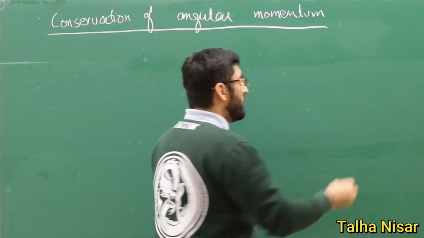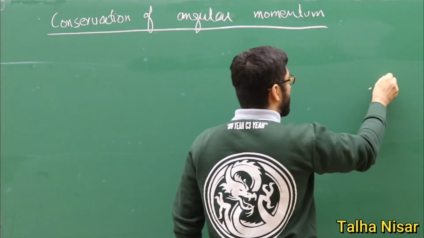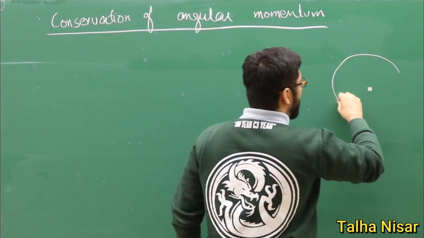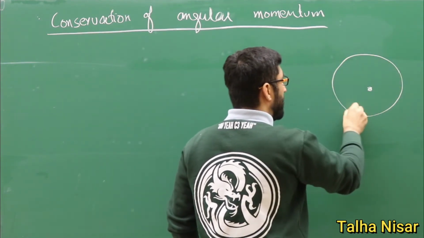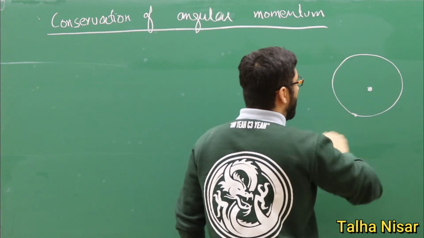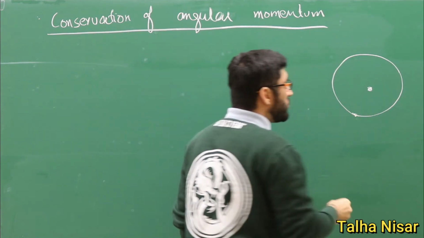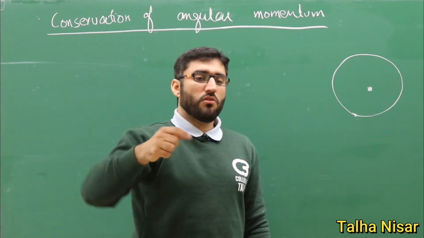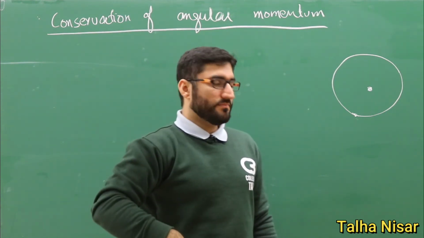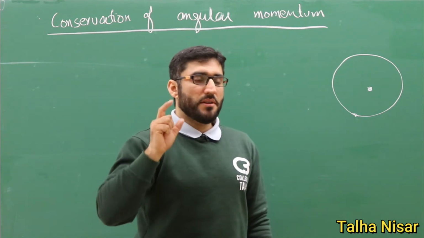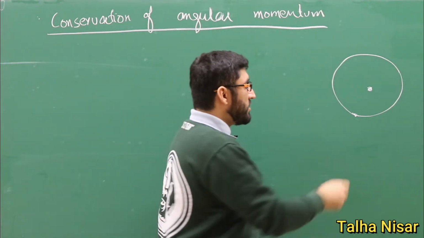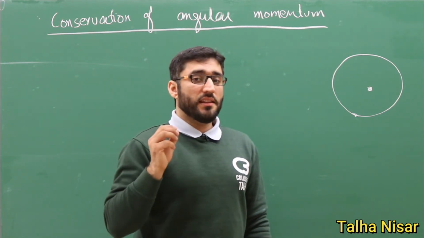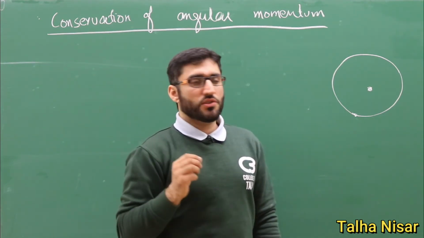For example, if we have a rotating object here, and a central object, and this is spinning or revolving around this central point. If there is no torque, which is the ability to rotate something in a circular path and is equivalent to the force here, then the angular momentum will always be conserved.